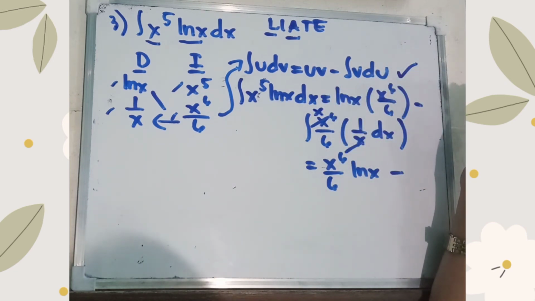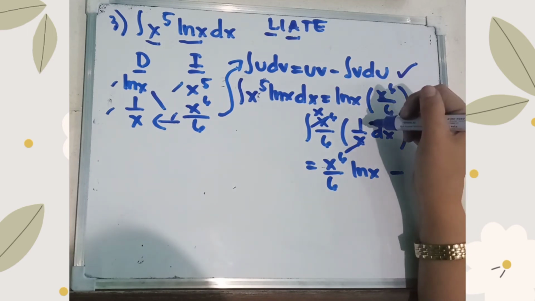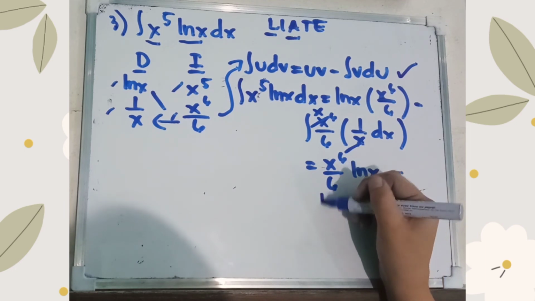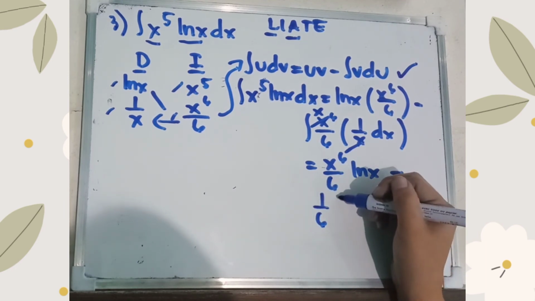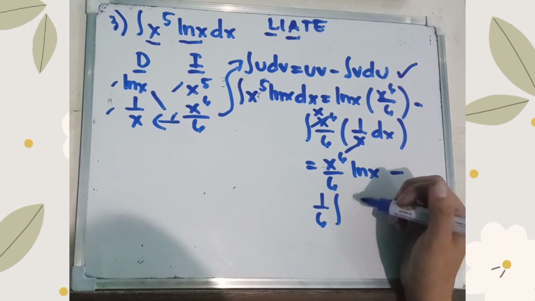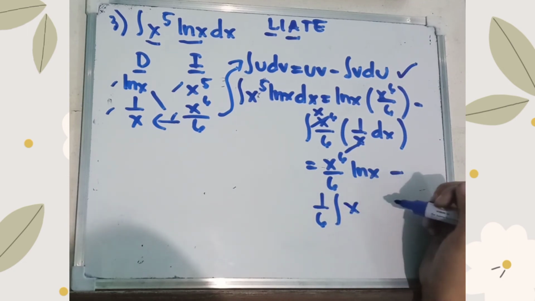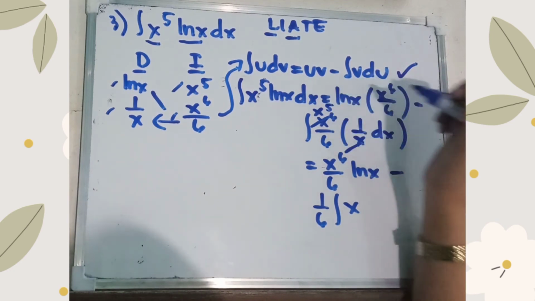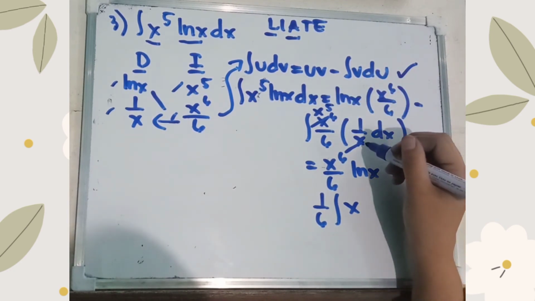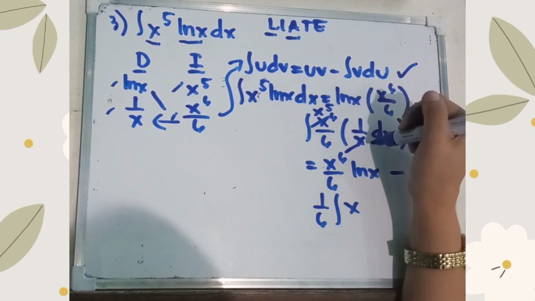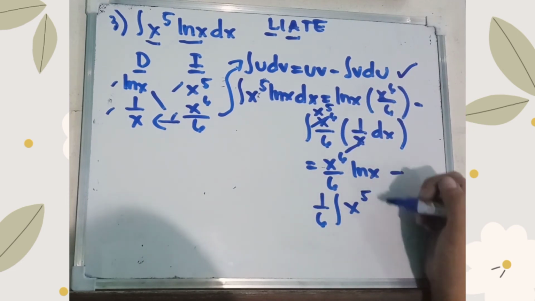So we can also put 1 over 6 outside of the integral symbol. Then what will be left is x. No, this should be 5. I'm sorry, that should be 5. Since there's only one x, so quotient rule, x to the power of 6 over x is x to the power of 5 dx.